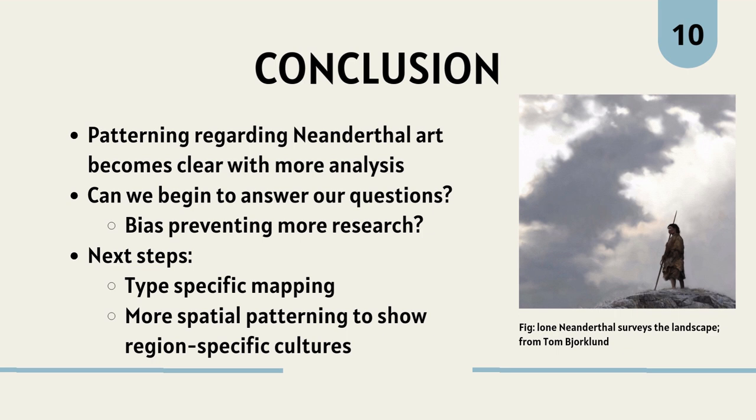However, more research should still be done regarding bias, which may be preventing more of this research from being conducted. This bias may be remaining prejudices about the inferiority of Neanderthals, but it may also be the fact that we only have such art examples from places archaeology has been conducted. Reanalysis of purported Sapiens objects may ease this bias, but ultimately, where no archaeology has been conducted, no archaeology will be analyzed.